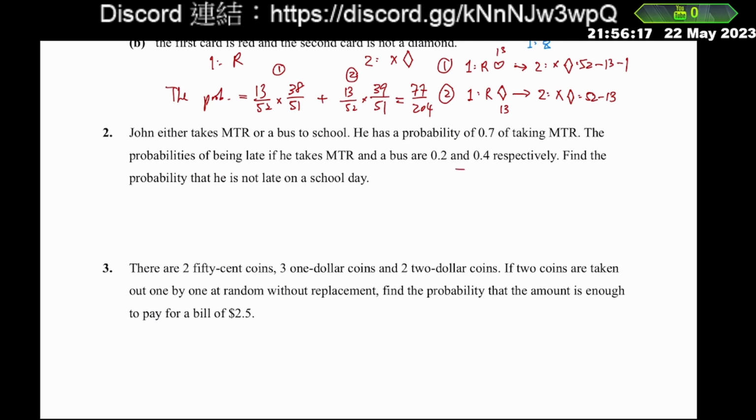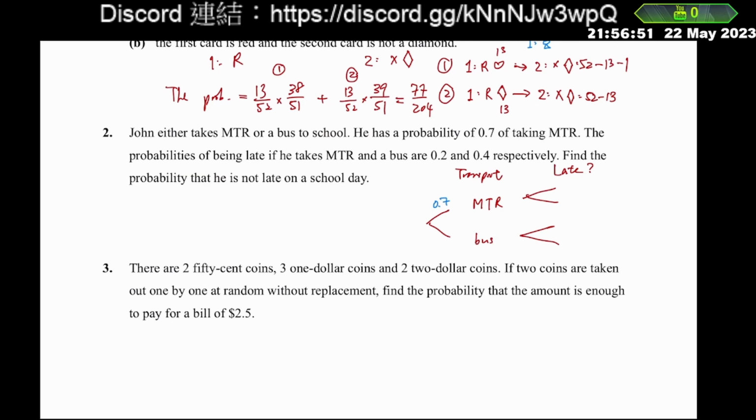So we can first find the transport and put it into the MTR or the bus. And then next we check whether he is late or not. In a tree diagram like this, we also put the probability of each branch next to the branches. There is a 0.7 probability for taking the MTR, therefore we put 0.7 here.